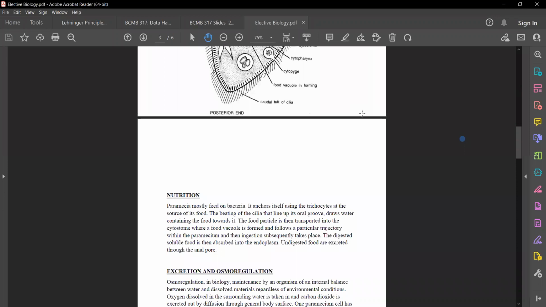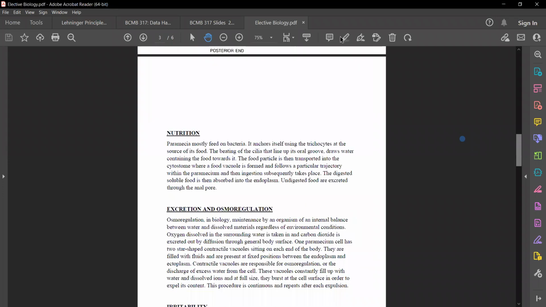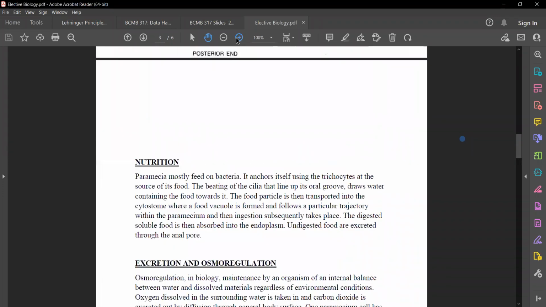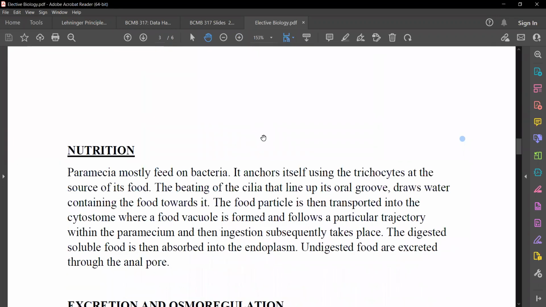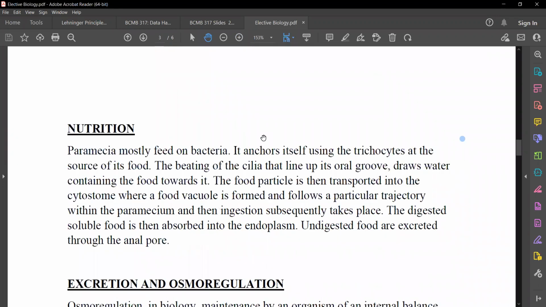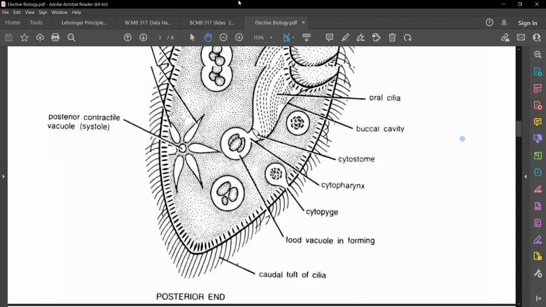Now, for most of the organisms we'll be dealing with, it's quite a must that you know some things about them. So we are going to take a look at nutrition. Which part of the Paramecia do you think will play a vital role with nutrition? Anybody?